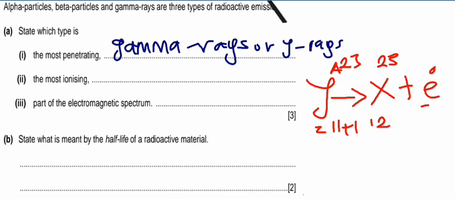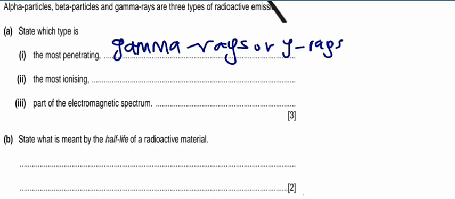So element Y is going to form an ion, specifically a negatively charged one, because it is gaining 1 electron, the addition of 1 electron. Then let's come to the gamma rays.